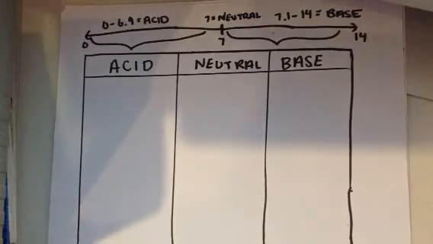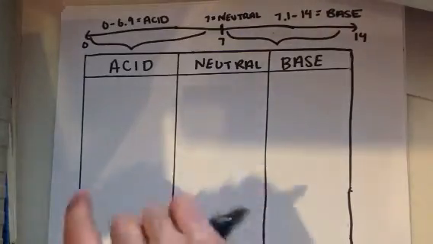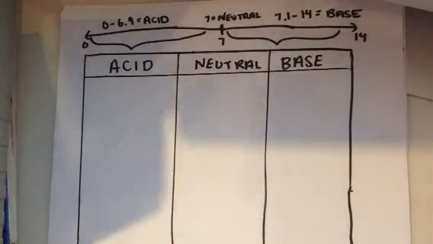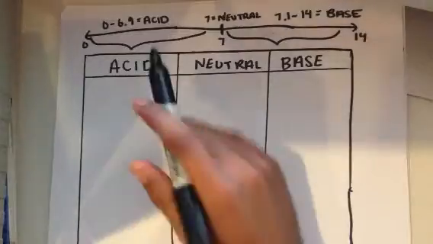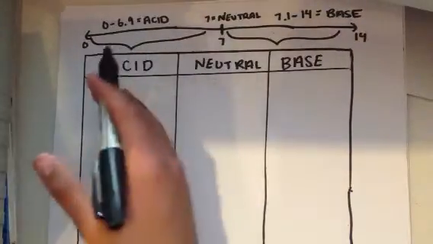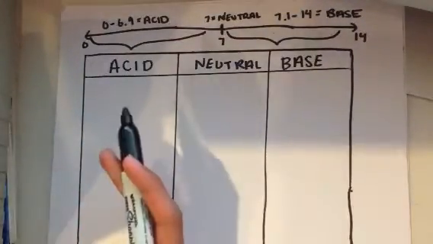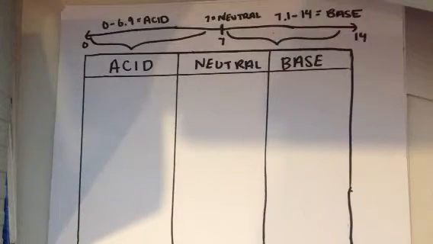So firstly, the main property of acids is the pH. This is the one thing that is most indicative of whether a solution is acidic or basic or neutral.